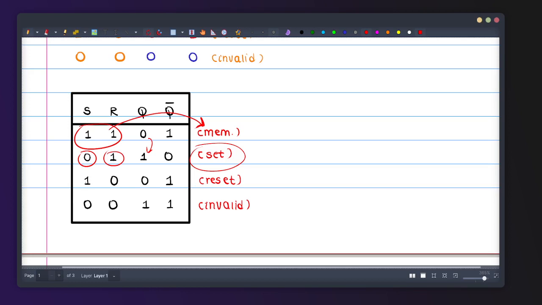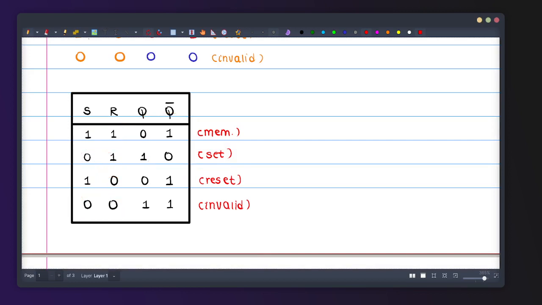Reset is basically when the set stays 1 and the reset becomes 0, which means the reset has become low. Then the Q value goes to a 0, Q complement would follow. And the invalid state is when both inputs are 0, then the outputs are both 1s as well. Right, so this is the simplified version, basically gets rid of 2 memory states.